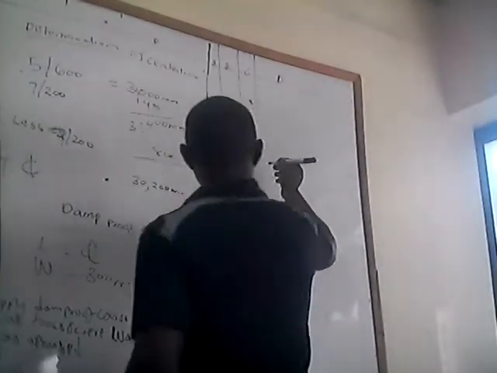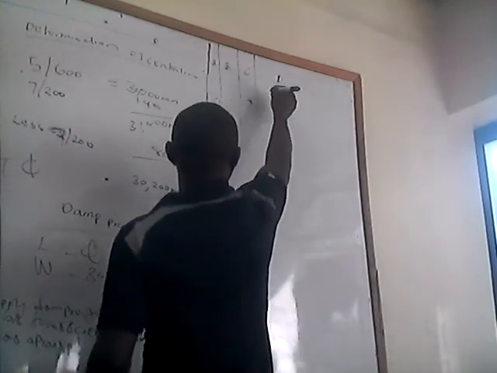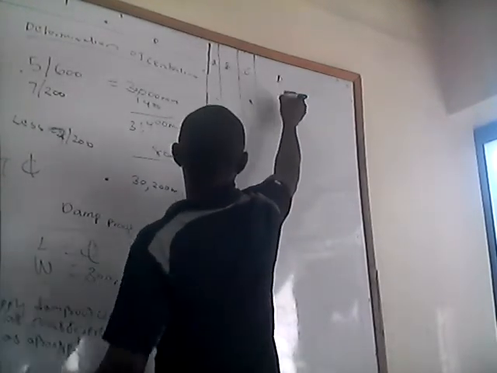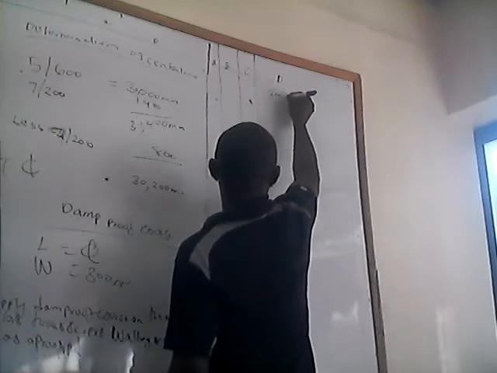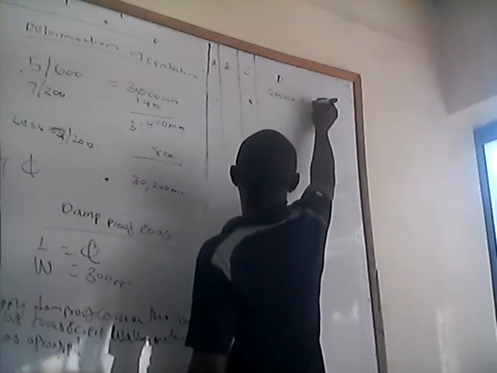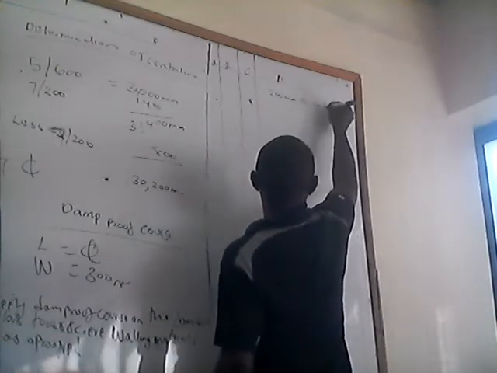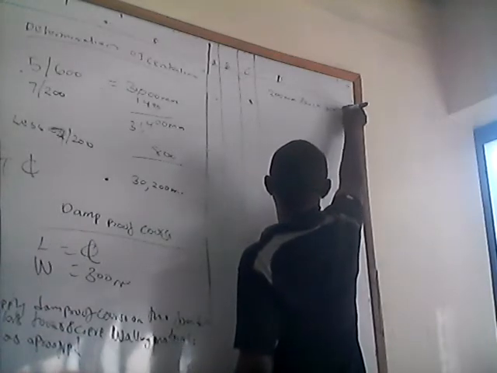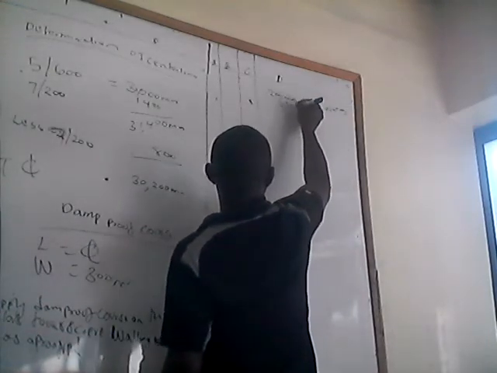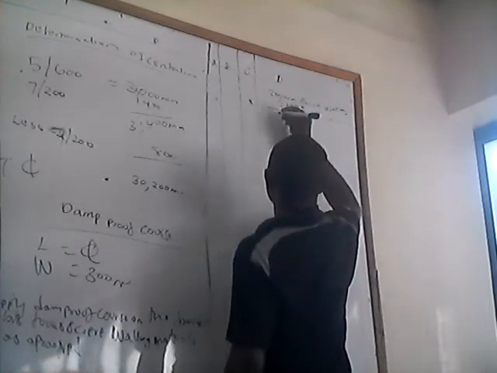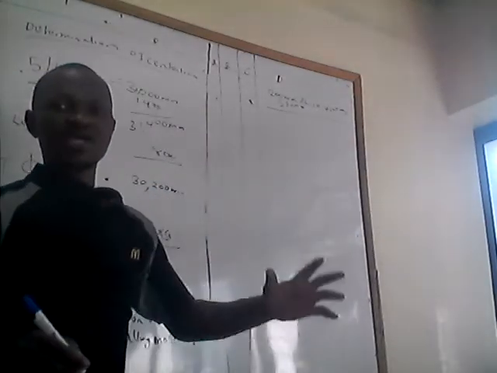Then the second item that we have to measure is the 200 millimeters thick walling stone.